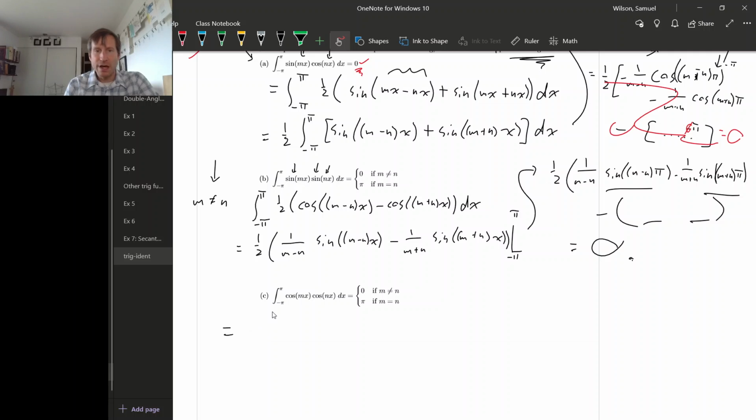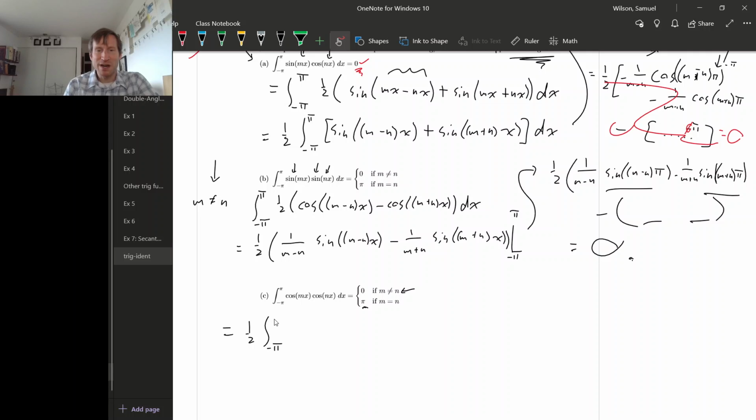So let's see. Again, if m and n are equal to each other, you don't get 0, you get pi, which I'll let you work out yourself, just like with part B. And I'll work out just the case where m is not equal to n. So in that case, we need to use the product to sum identity. So we know we're going to get a half, so let's move that outside the integral.